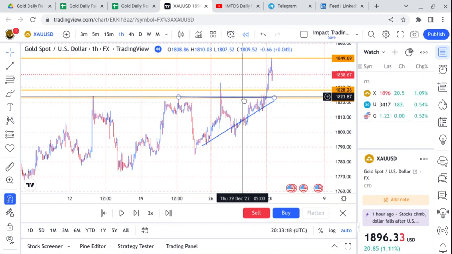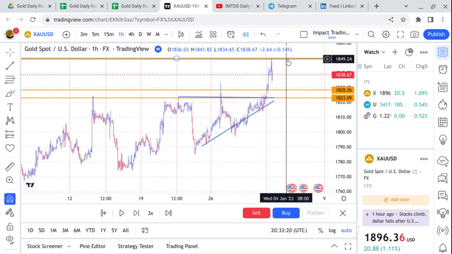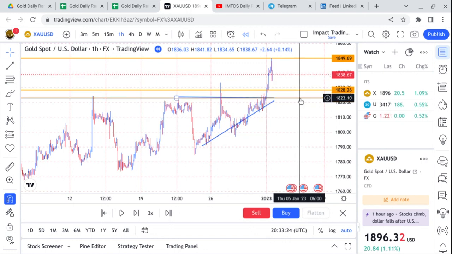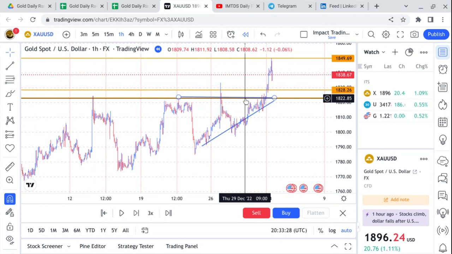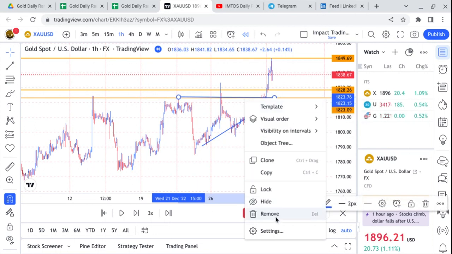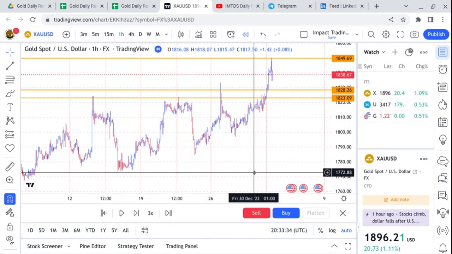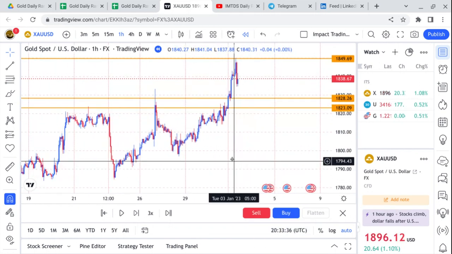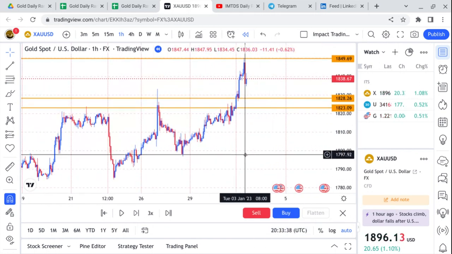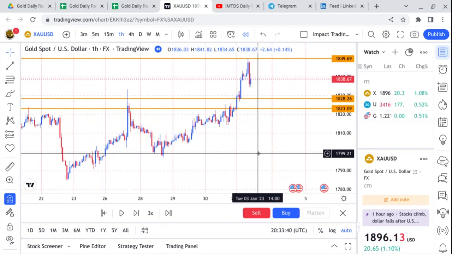So we would expect price to break out, and then we would expect price to retrace, and then we would expect support to become resistance, resistance to become support. And that happens on a regular basis in every single market. So when you study and you put all this together, you will become a consistently profitable trader.